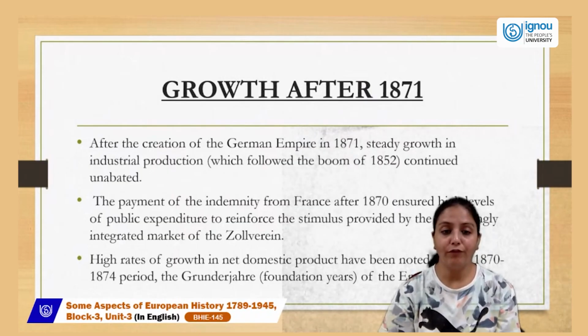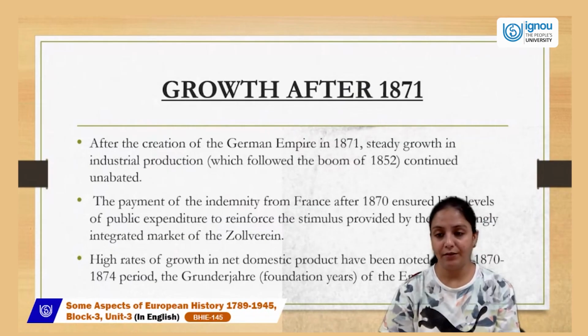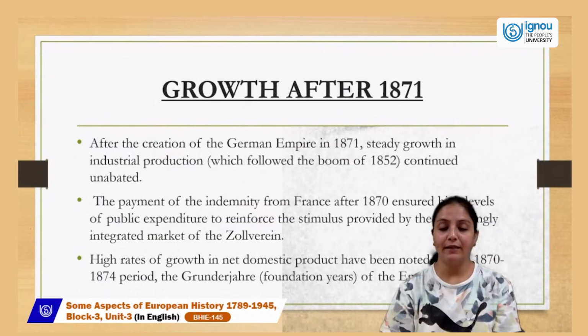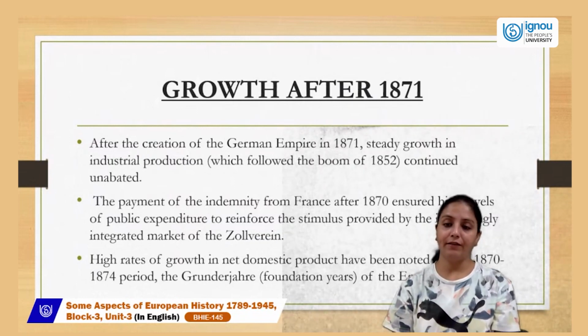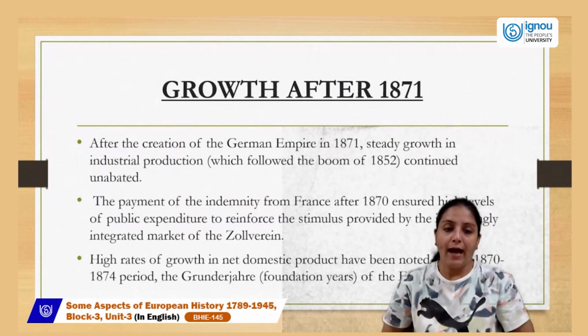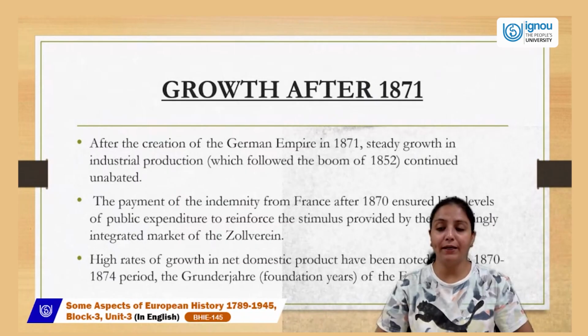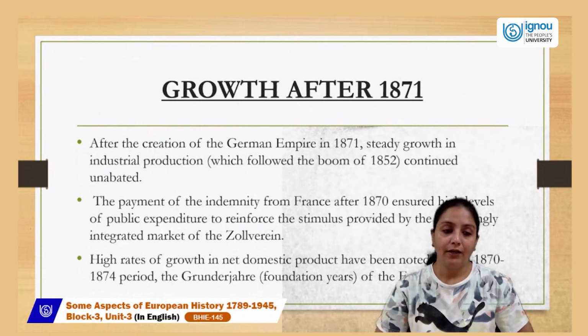The payment of indemnity from France after 1870 ensured high level of public expenditure to reinforce the stimulus provided by the increasingly inaugurated market in the Zollverein.